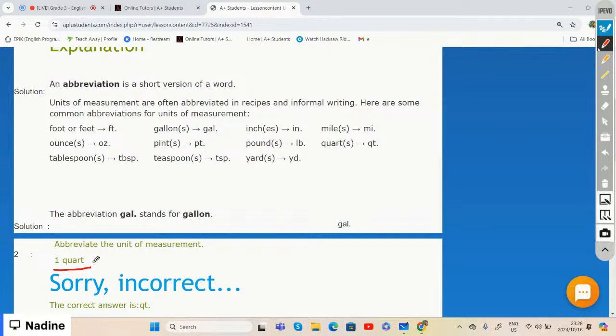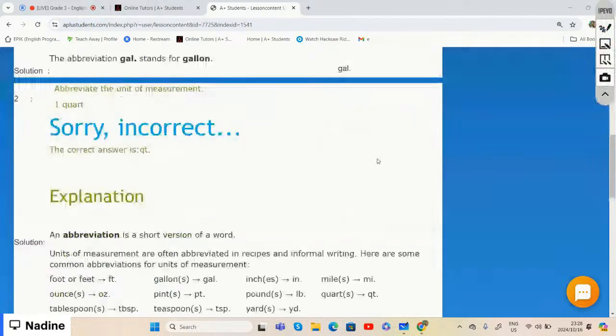All right. And if we were to find quote, then quote is QT period. Well done. QT period.